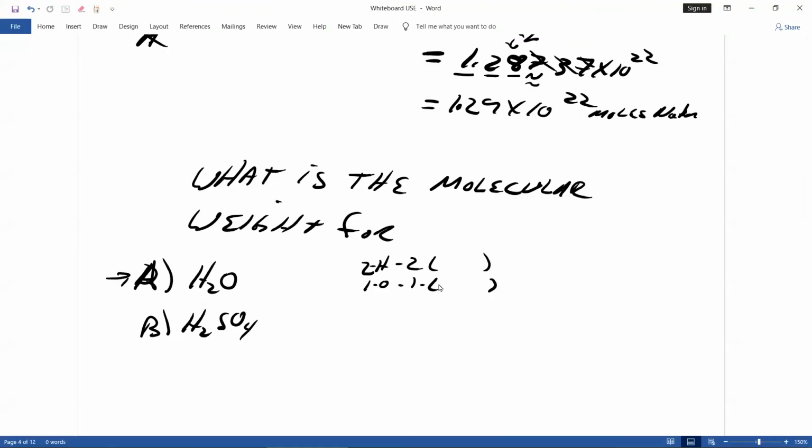So hydrogen is 1.01, oxygen 16.0, multiply it, 2.02, 16.0, add it up, because the molecular weight is the sum of all atomic weights, and we get this. Now, when you're doing addition, you get the same number of significant figures to the right of the decimal point as the number that has the fewest. For hydrogen, 2.02 has 2 to the right.